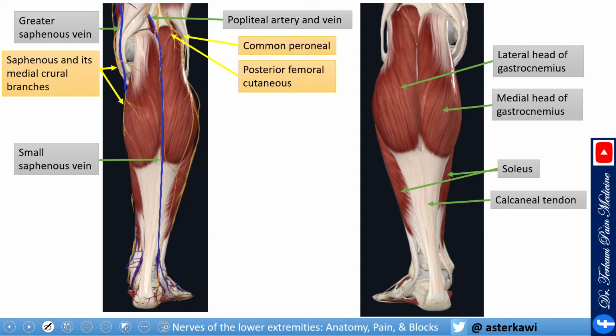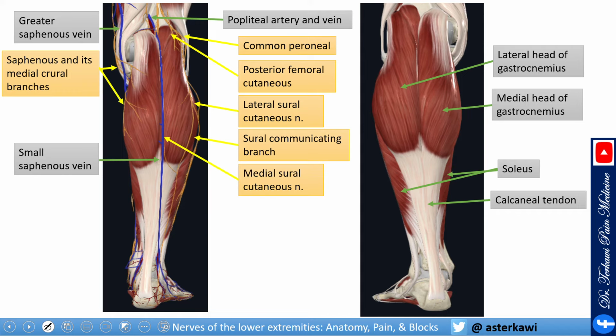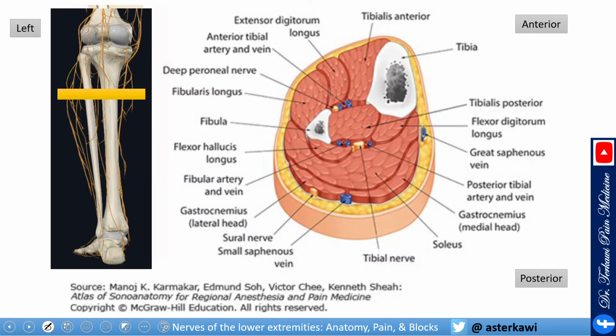You see the common peroneal here, the posterior femoral cutaneous ending at this level, lateral sural cutaneous nerve, sural communicating branch, and the medial sural cutaneous nerve running with the small saphenous vein, and the sural nerve below that. Saphenous nerve runs with the great saphenous vein, an important landmark.